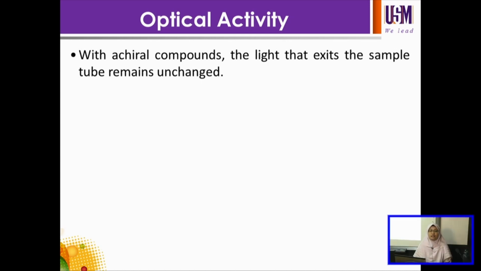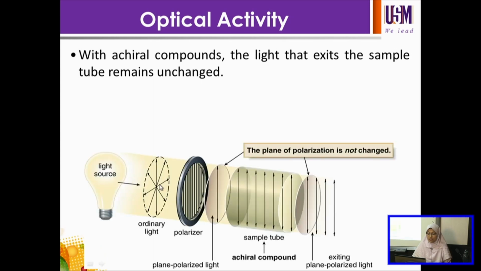With an achiral compound, the light that exits the sample tube remains unchanged. Initially we have the light going in every direction. After the polarizer, we will have only one single plane. For an achiral compound, when this plane polarized light enters the sample tube, the plane of polarization is not changed.